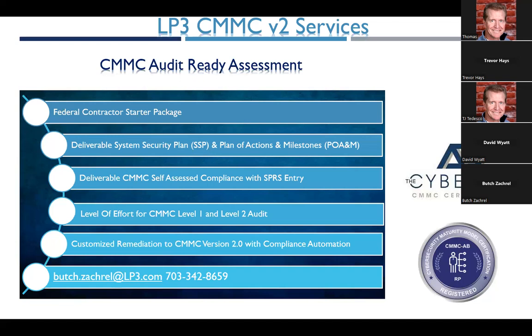So all of this comes in a single package that you can actually do yourself for the cost of $3,795. For that amount, you have your SSP, you have your POA&M, you have your NIST, you have your CMMC roadmap, you have your SPRS score.